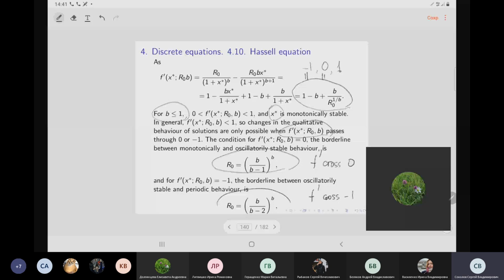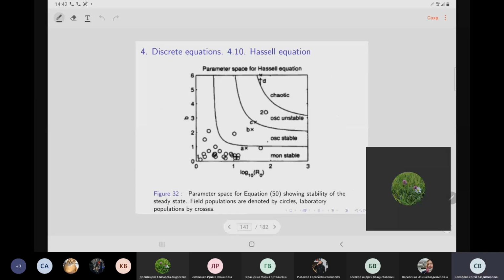So we have different areas in Rb space. These areas give us different dynamics of our equation. So it is our parameter space. Here is the logarithm of R0. Here is b.